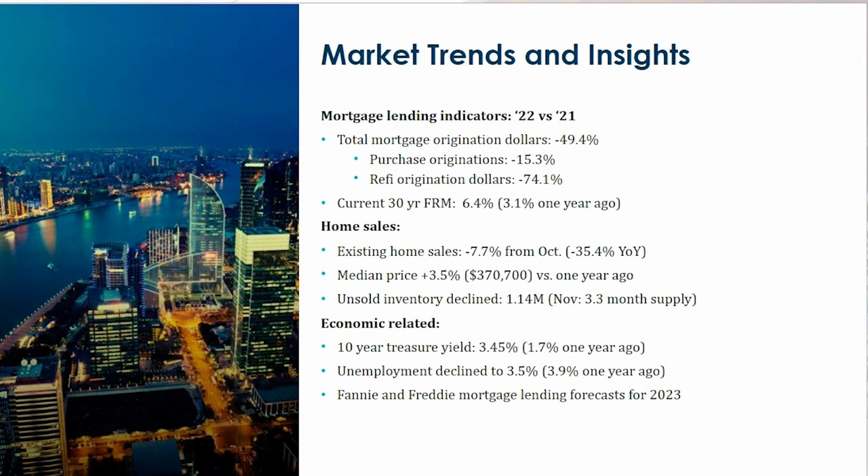They feel slightly better about 2024. They have a preliminary forecast out there at $2.11 trillion. Also on a positive note, we have seen about a 100 basis point drop in mortgage rates since November. In November, we were looking at rates slightly above 7, and now mortgage rates stand at slightly above 6.